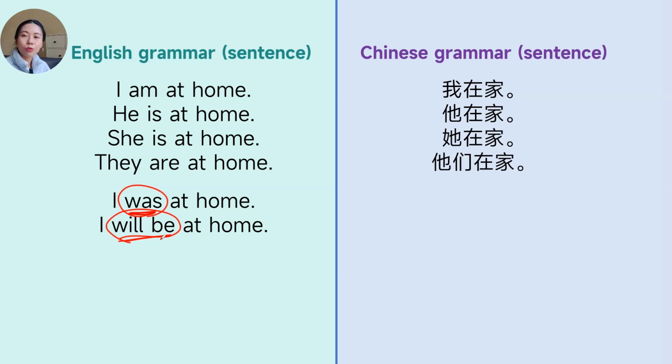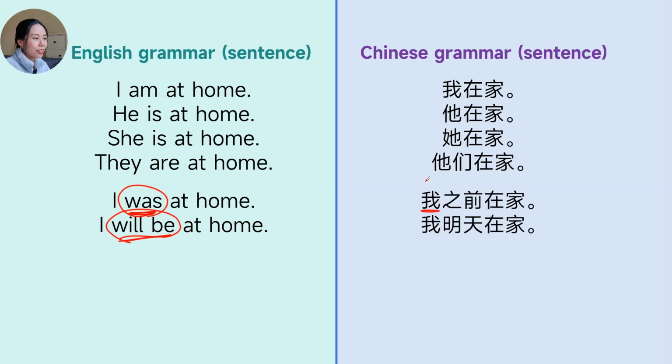But if you're going to talk about the past and the future, we just add some time words in it. Like, you have to say 我 I, 之前 is before, 在家 at home. See, we don't conjugate. We just put the time words in the sentence.